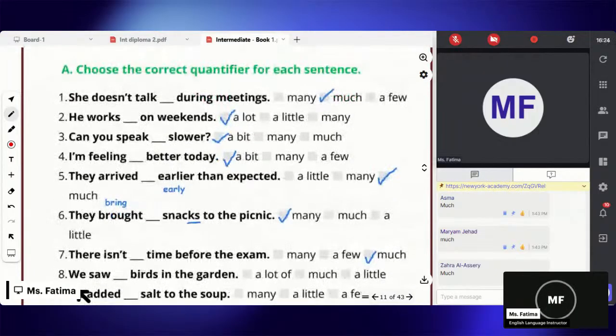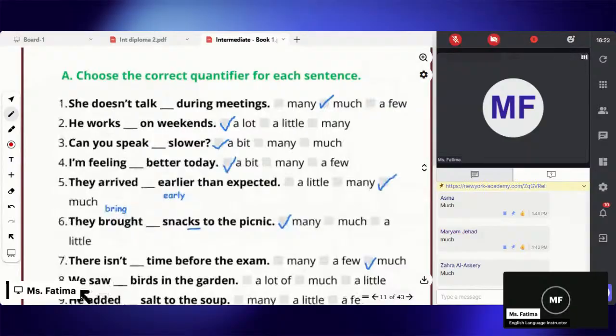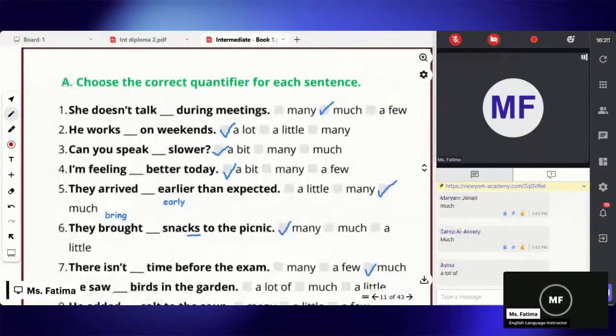Number 8, we saw a lot of birds in the garden. We saw much birds in the garden. We saw a little birds in the garden. What do you think?